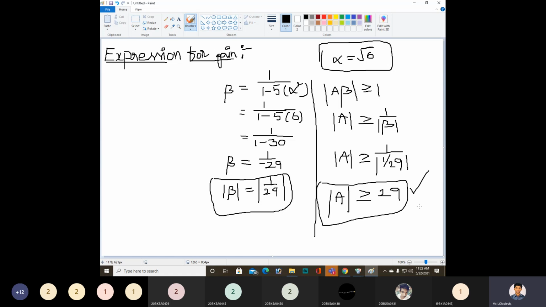For the amplifier, you need to find the expression for gain: A is equal to 29 or A greater than 29. As well as the beta value: beta is equal to 1 by 29. Is it clear? I think you don't have any doubt in the expression for gain and frequency of oscillations. Please respond.